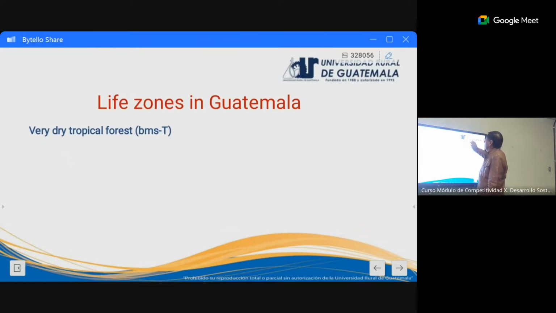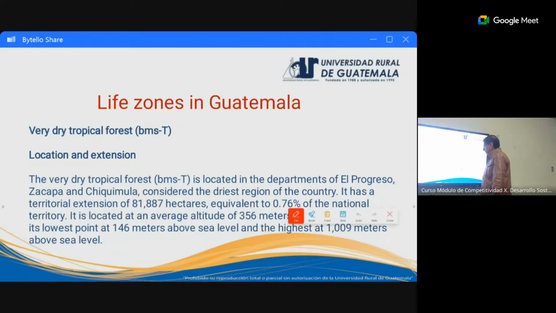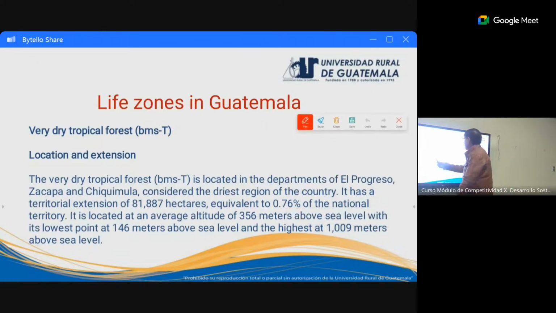We can use this model also to analyze and study different climates here in Guatemala. And the first one that we have here is the very dry tropical forest. And we have some information about this climate. The location and extension of this climate, the very dry tropical forest, is located in the departments of El Progreso, Zacapa, and Chiquimula.